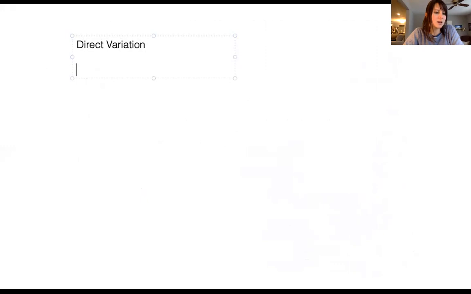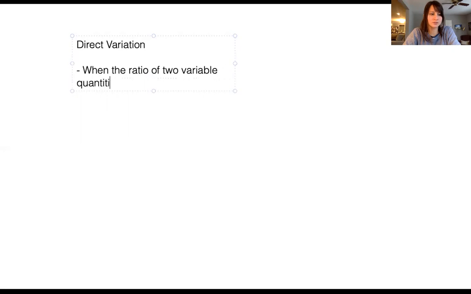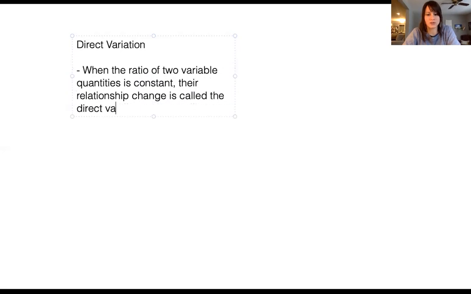And direct variation, let's title this direct variation. This really just means a constant change, okay? So when the ratio of 2 variables, the 2 variable quantities, is constant, their relationship change is called the direct variation.